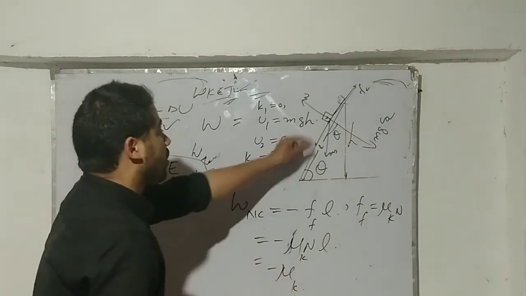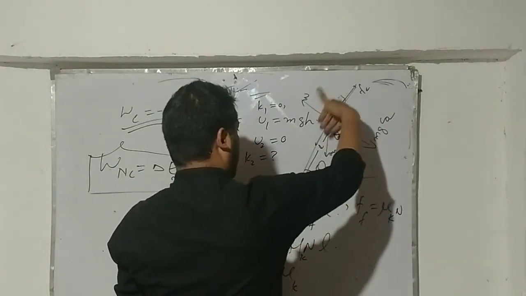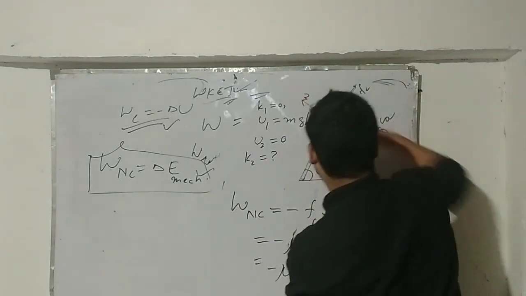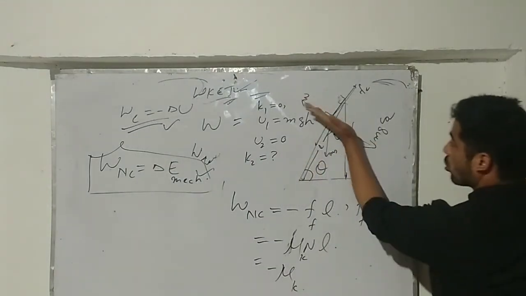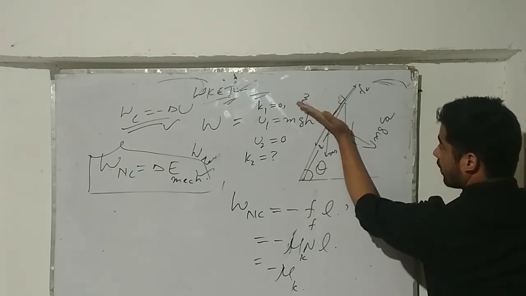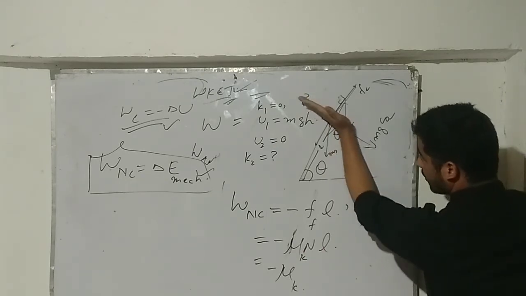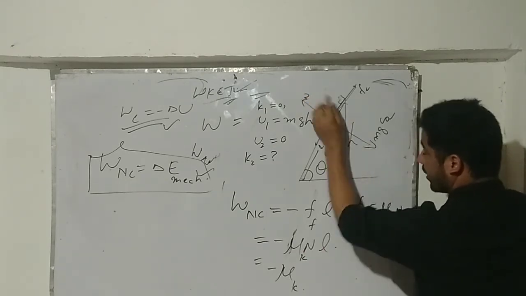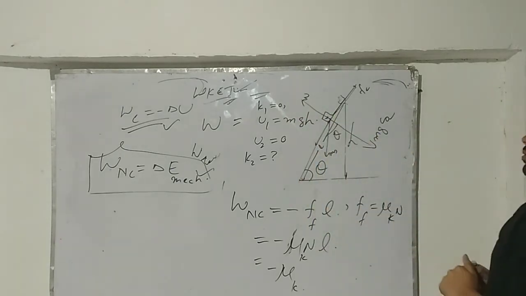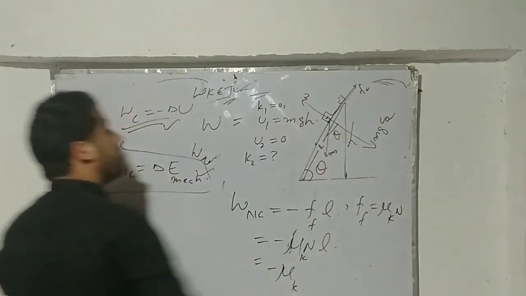If I look at the problem once more, the motion of the block is only along this direction. There is no motion along this way. Just look at my hand: if I move my hand up and down this way, there is no motion along it. From this conclusion, the forces along this direction should be balanced in pairs.